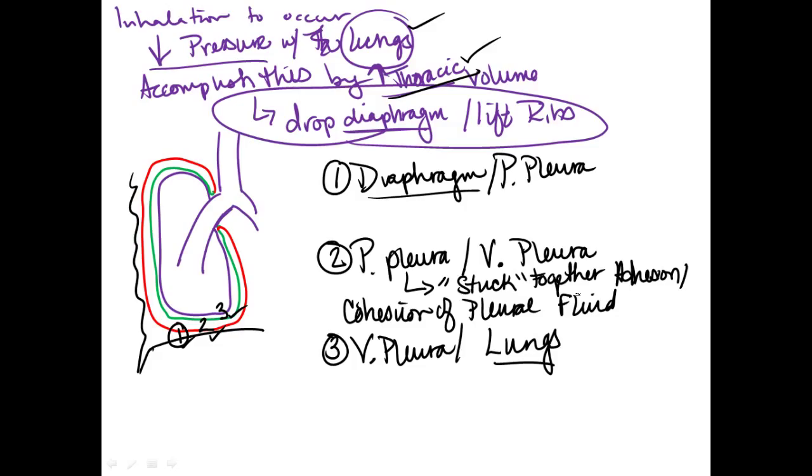The question is, how do we explain the connection between the visceral pleura and lungs, and the diaphragm and the parietal pleura? Well, that has to do with the arrangement here.